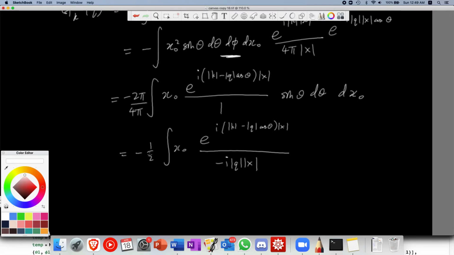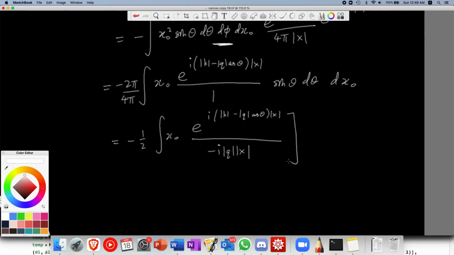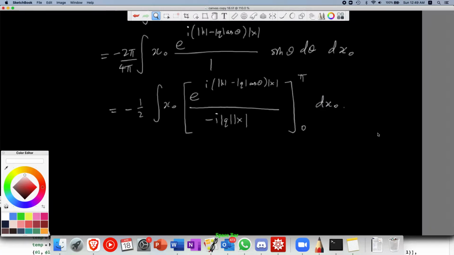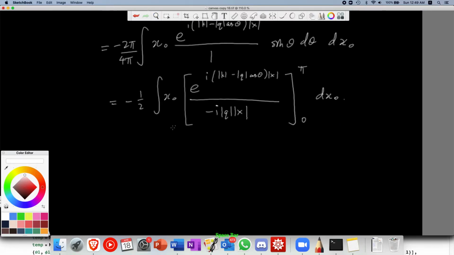And this is evaluated between pi and 0, this dx naught. Yes, okay, very good. So this is minus half, integral of x naught.